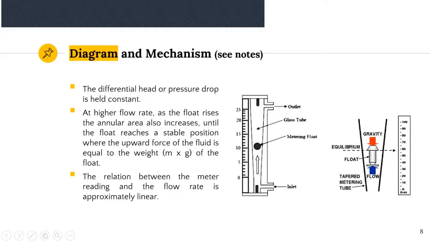So the mechanism of how rotameters work is that the float starts from the bottom. It doesn't directly float in the middle of the meter. Then, while the inlet fluid is coming in, it will push the float upward.